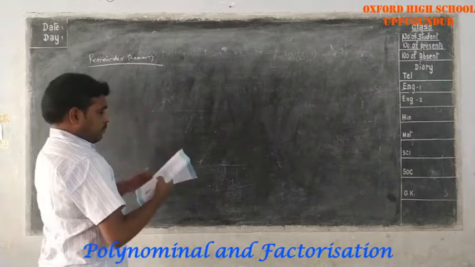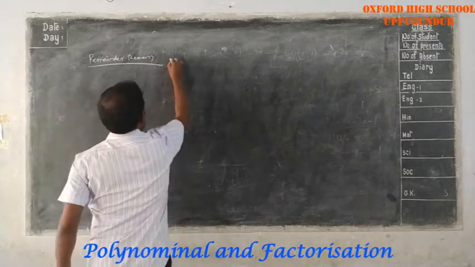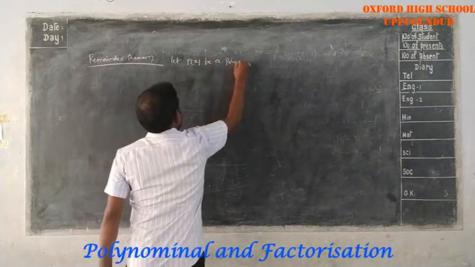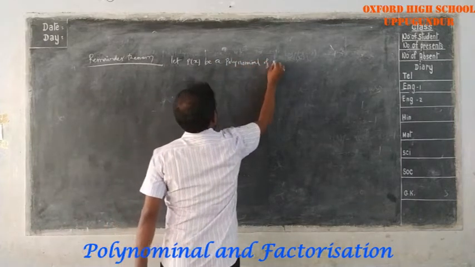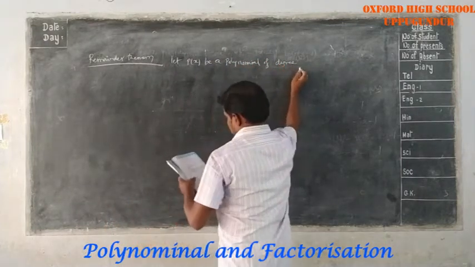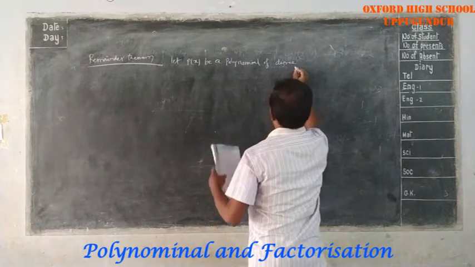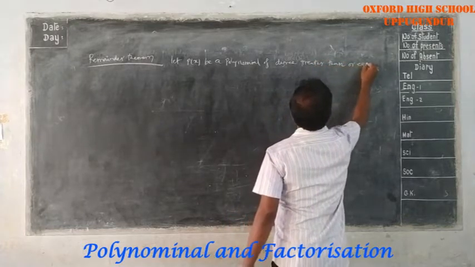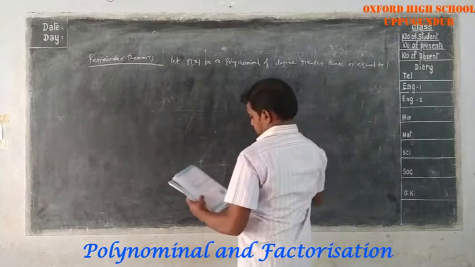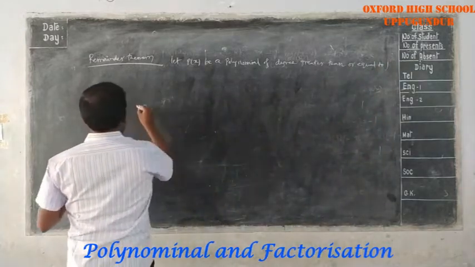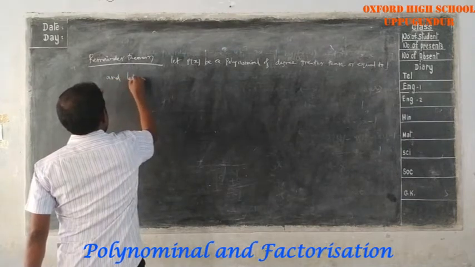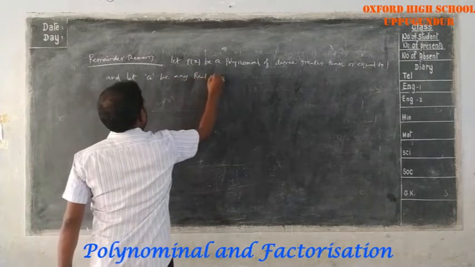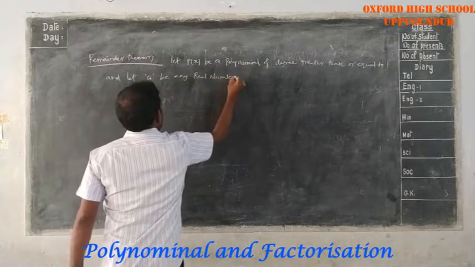Let P of x be a polynomial of degree greater than or equal to 1, and let a be any real number.